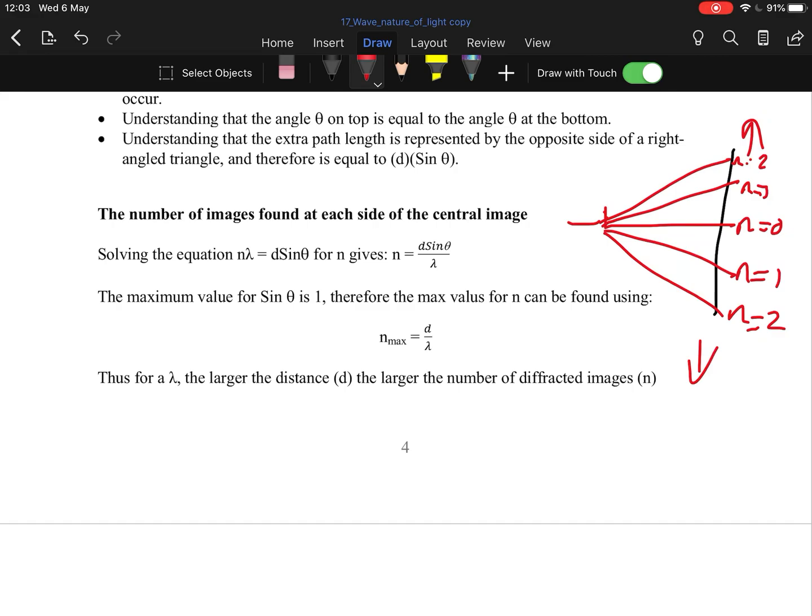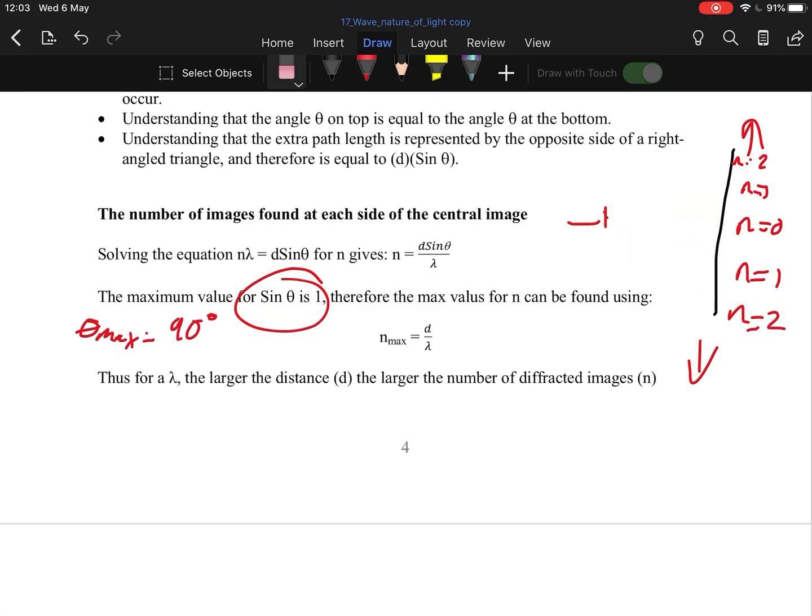The maximum value for sine theta is 1, the reason being that the maximum angle is 90 degrees. Why is that? Simple. This is your diffraction grating.